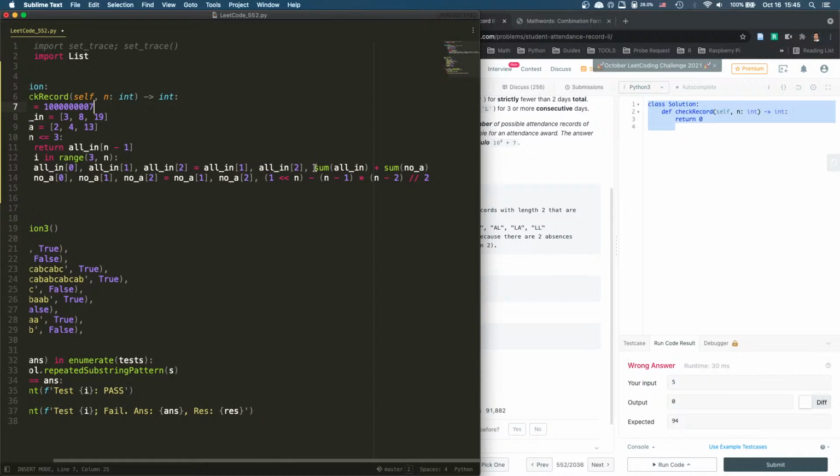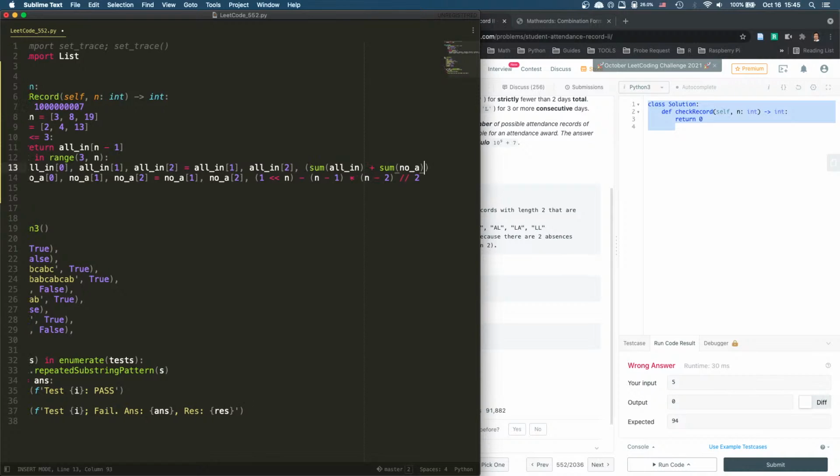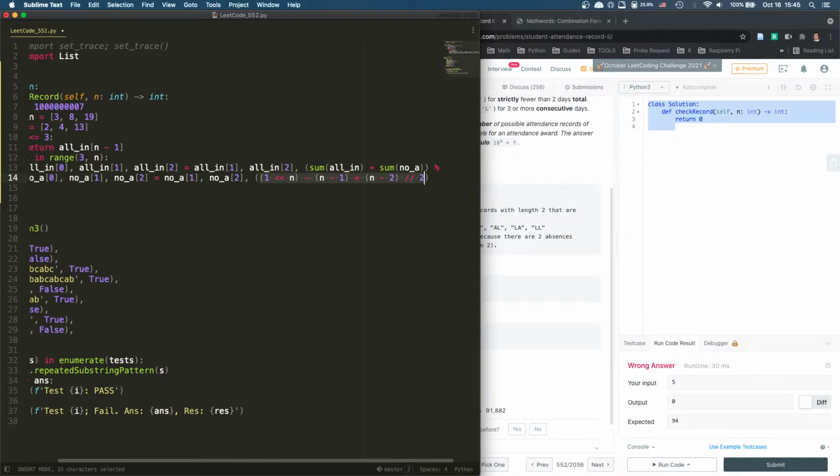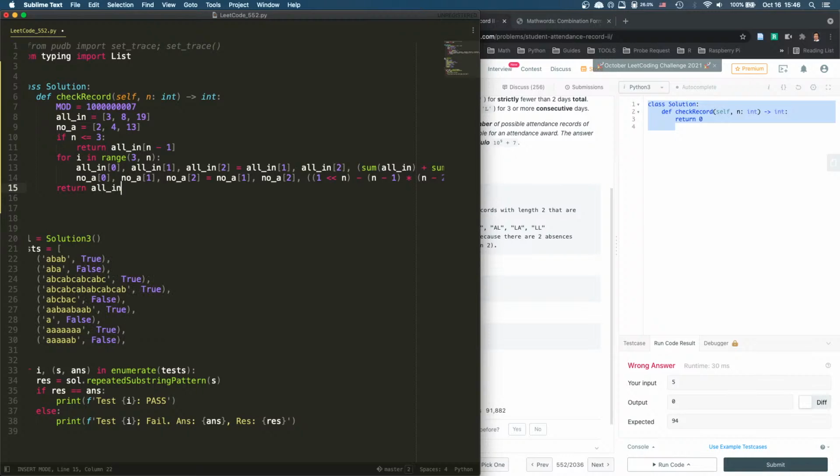So every single one, this we need to mod, and of course this we need to mod as well. This we need to mod. And then once we're done, we're going to return all in minus 1.